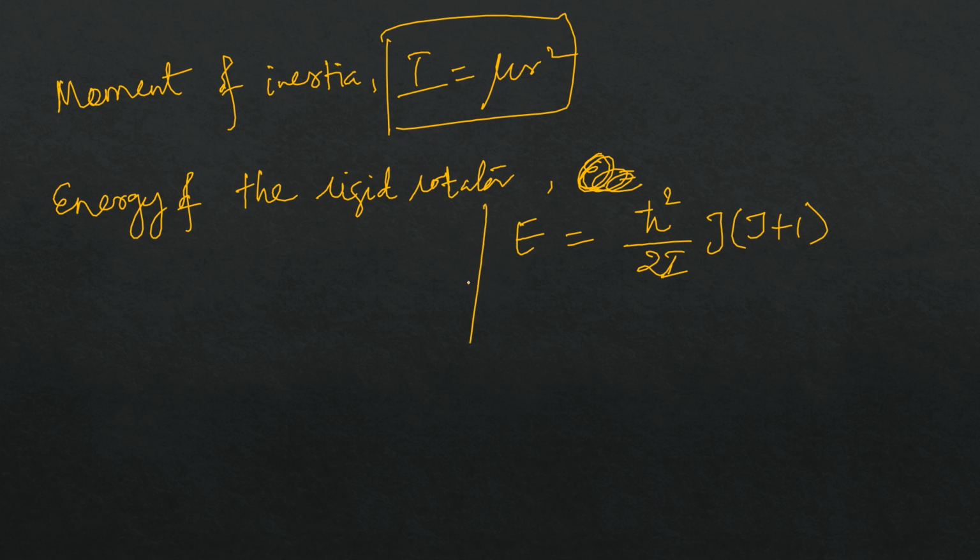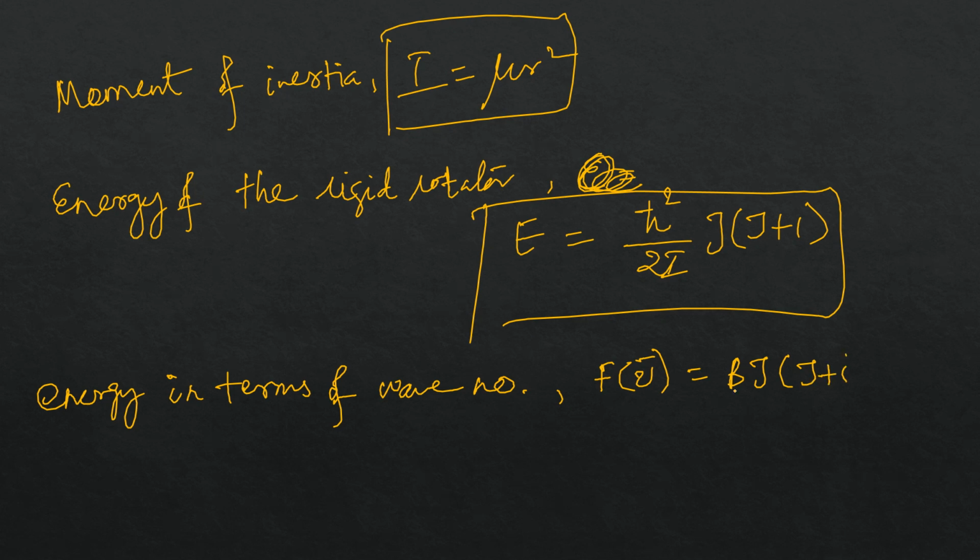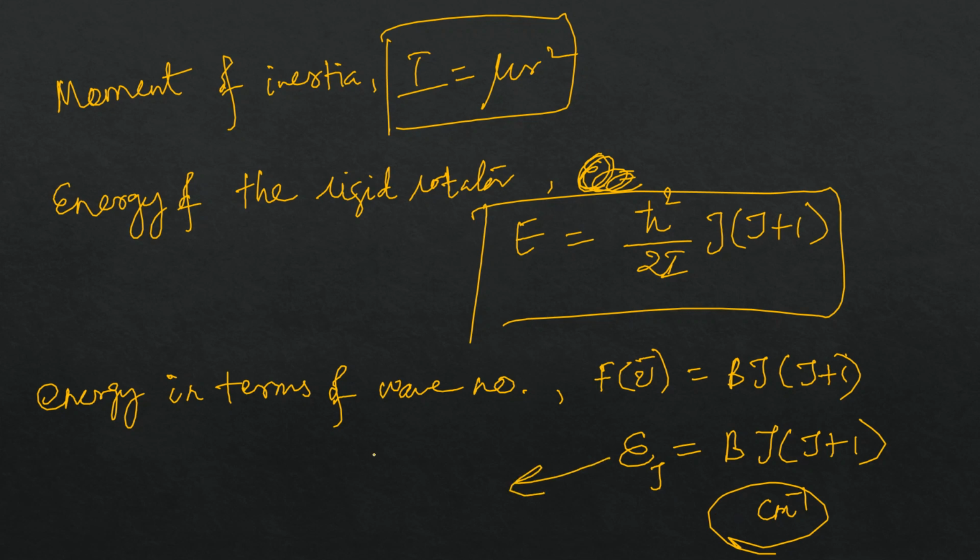Energy in terms of wave number is written as E_J equals B J into J plus 1. The unit of wave number is centimeter inverse.